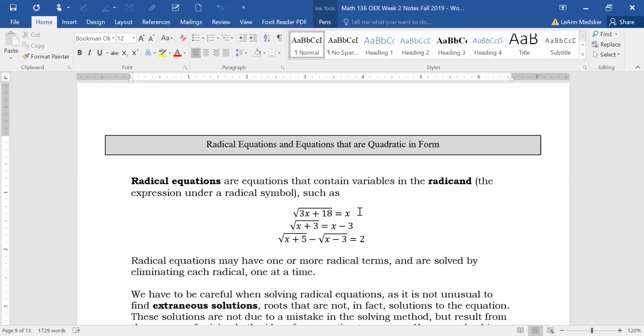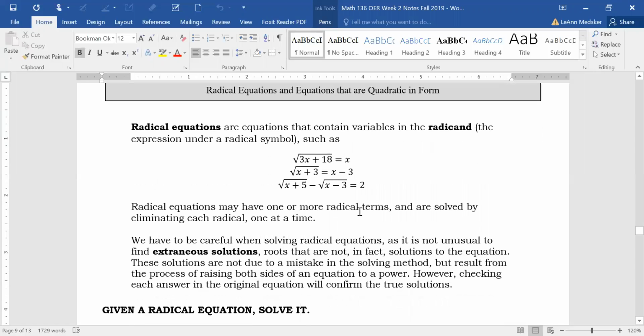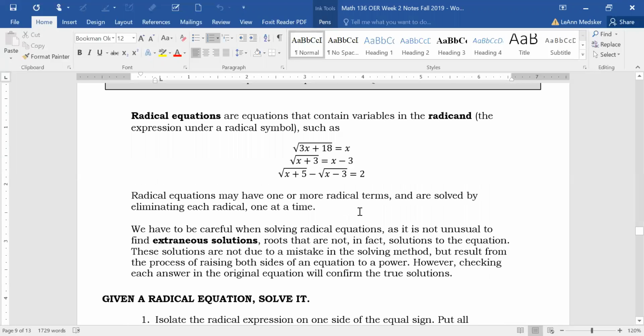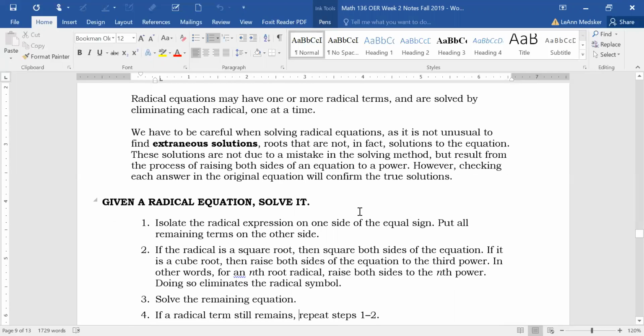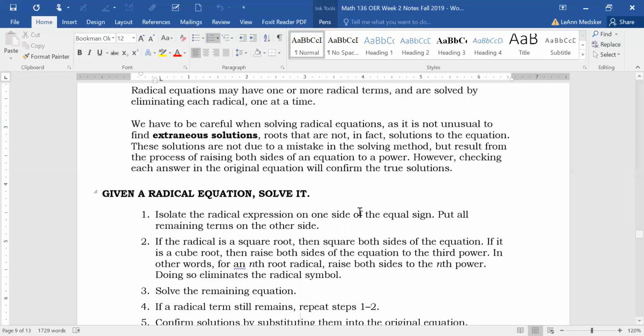And that's the problem we got when we cleared out denominators too, when we were doing rational equations: sometimes you'll get an extraneous solution, which means that there are solutions to the similar equation but not to the equivalent original equation. It's not due to a mistake in the solving method, but it results from the process of raising both sides of an equation to a power. However, if we check each answer in the original equation, we can confirm which ones are the true solutions.